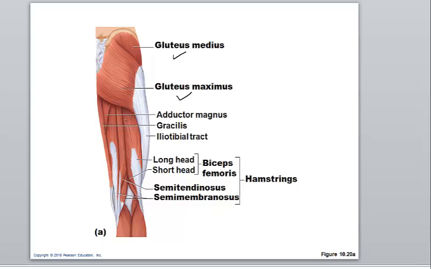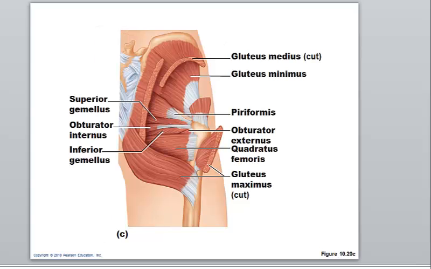Lateral rotators: if you remove the gluteus maximus and minimus, you'll see that you have your piriformis muscle over here and a bunch of obturator muscles. The piriformis helps in rotation of the thigh laterally, and the synergists are going to be the obturators, the externus and internus muscles.